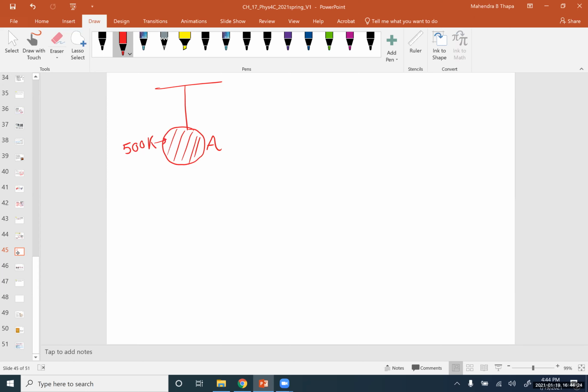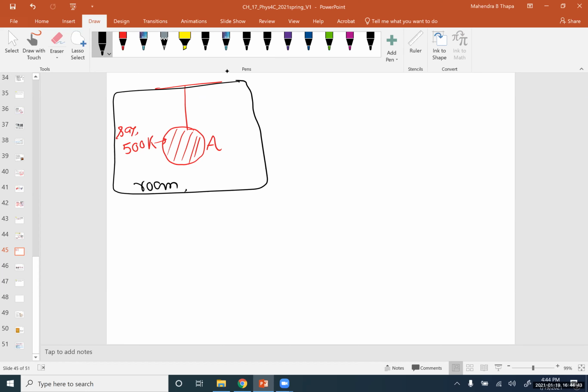If the outside temperature, say this is the room where you kept this hot ball, is, for example, 0 Kelvin, which will not happen, it's not possible, but you know that this is higher temperature and this is low temperature.